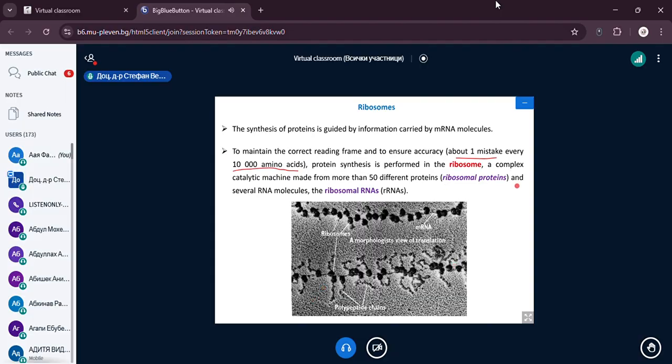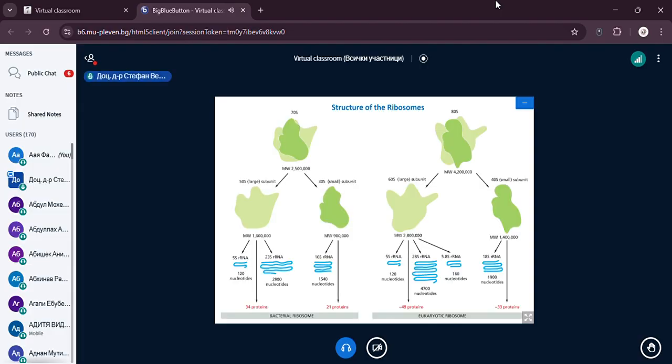So ribosomes are a complex catalytic machine which is made of more than 50 different proteins called ribosomal proteins and several special RNA molecules which are called ribosomal RNAs. These are the ribosomes.